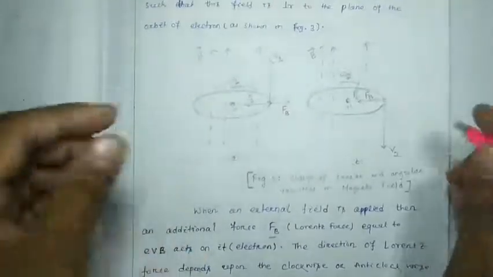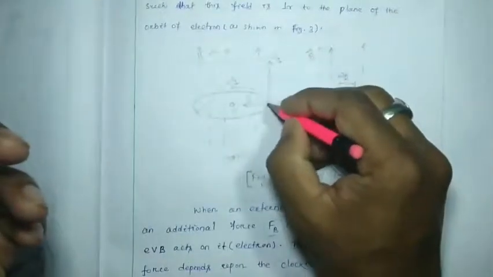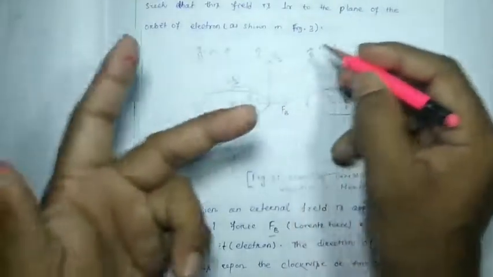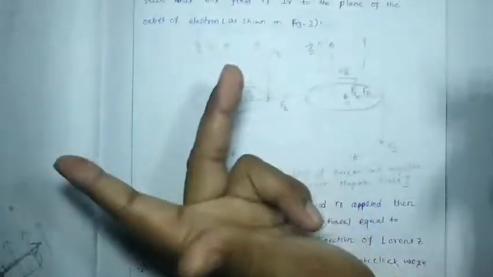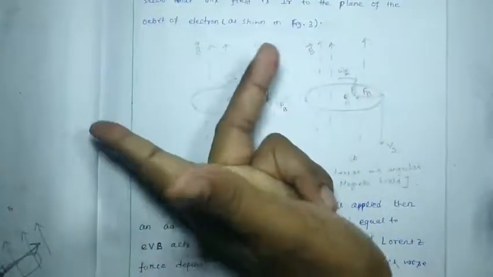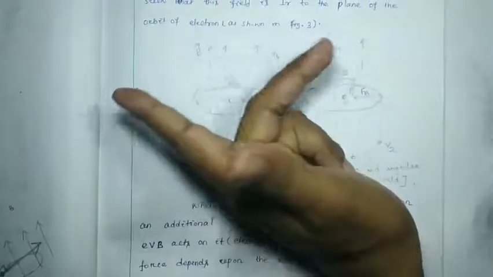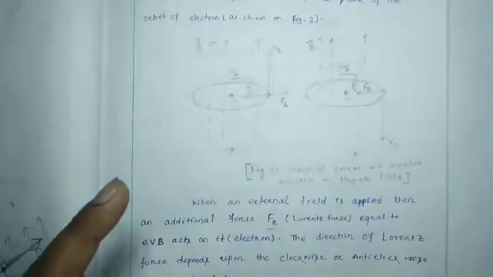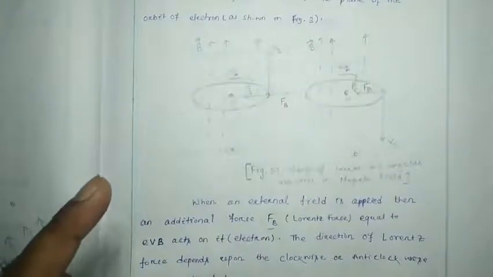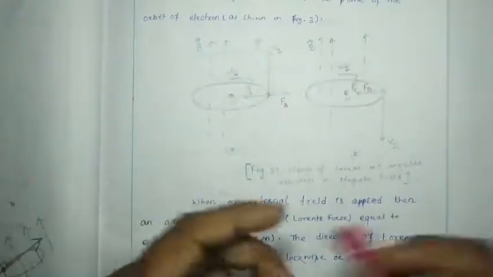See, this is our velocity direction. So you just imagine that your magnetic field is perpendicular to the plane of paper.